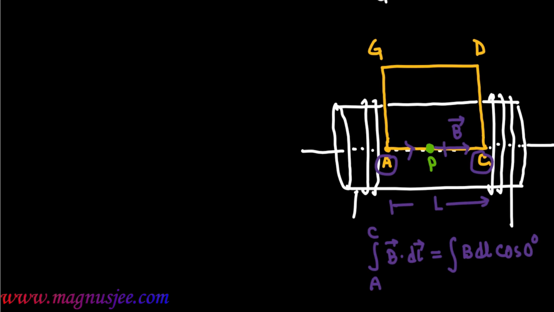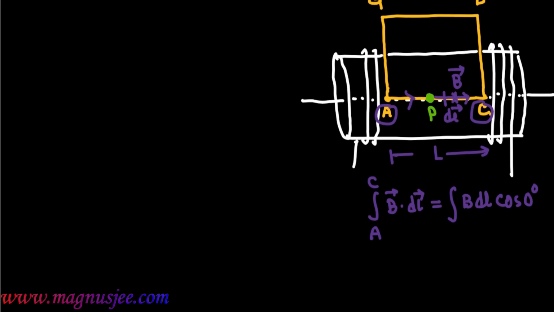Vector B acts from A to C, and we consider a small length along AC, that is vector dl will also be acting along AC. That's why vector B is parallel to vector dl, and hence integration dl is capital L, because it is the length of the portion AC; integration of d small l from A to C is equal to capital L.